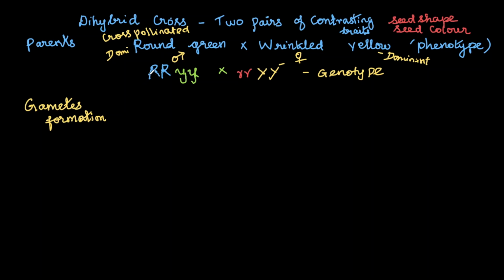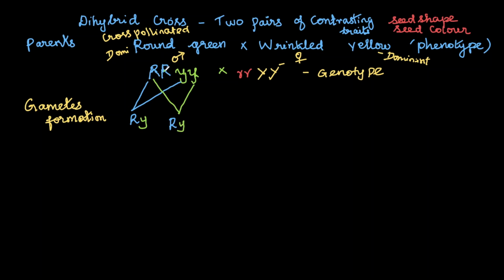First, we take the R and join it with this Y, then the same R with this other Y. So first, capital R with small y, and I am writing the gamete. Then again the same R I am taking and joining with the small y, writing the gene combination capital R, small y.